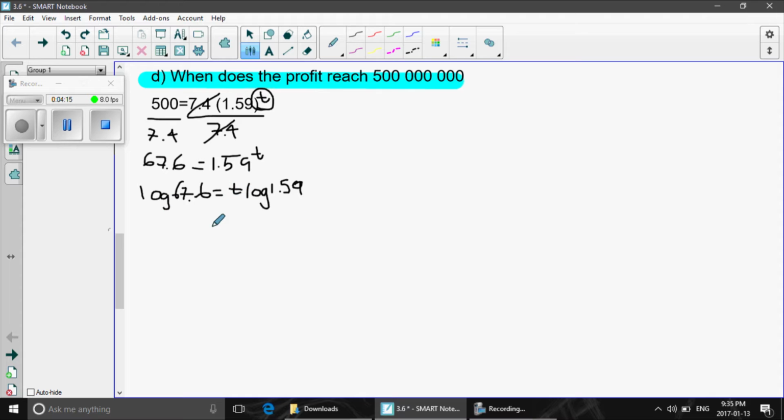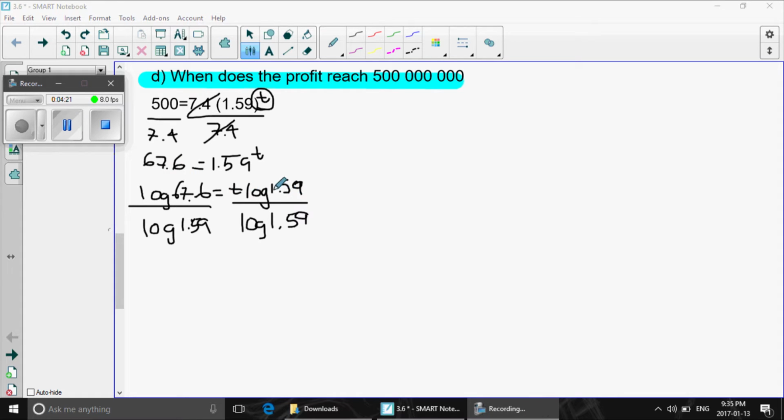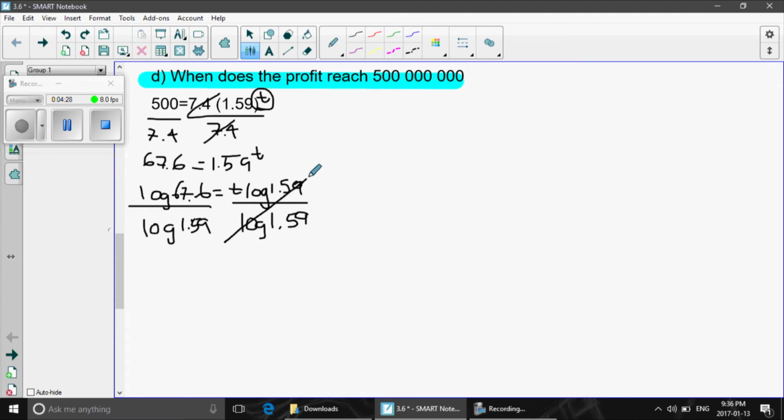And so now it's going to be how we usually would solve for t, which is now dividing. So as you can see here, all I did was divide by log 1.59 on one side and on the other side. So these two now cancel out, and you're going to get log 67.6 divided by log 1.59 to equal t.